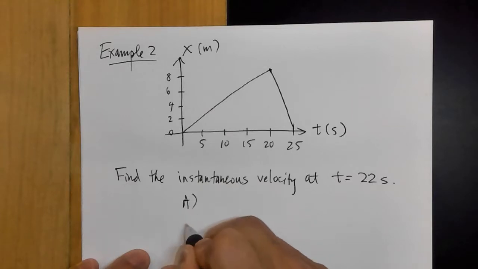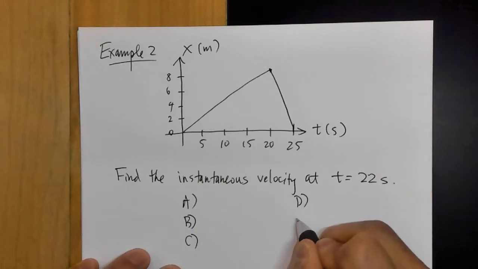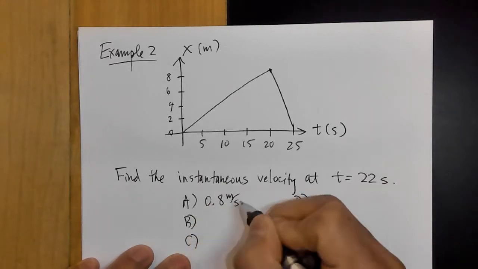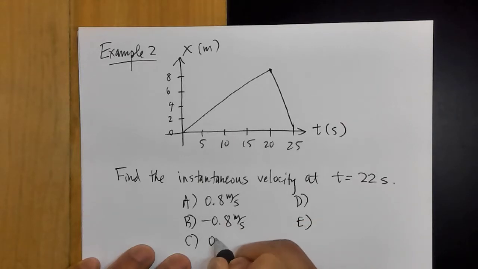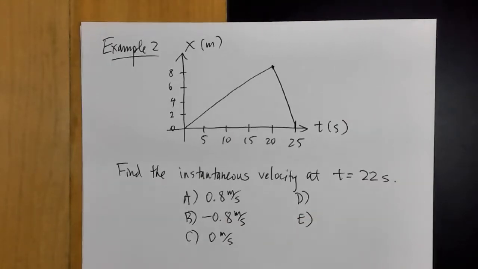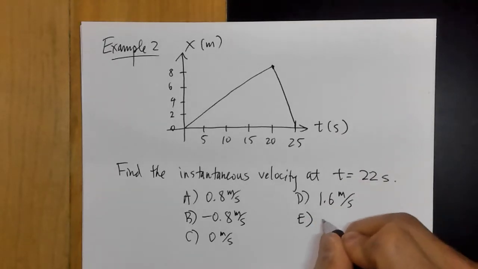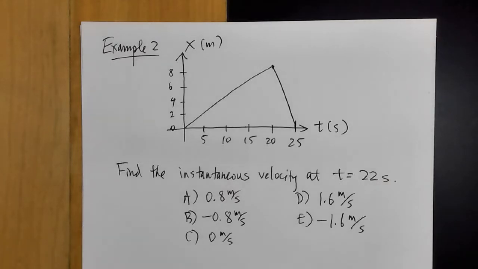And the choices are 0.8 meters per second, minus 0.8 meters per second, 0 meters per second, 1.6 meters per second, and minus 1.6 meters per second. Okay? Go ahead and make a choice.